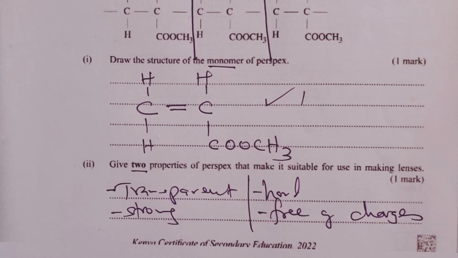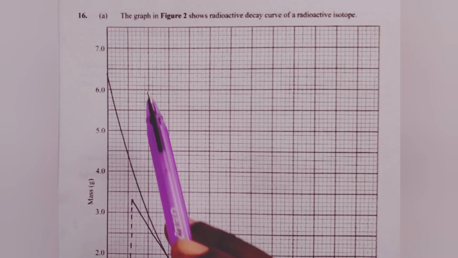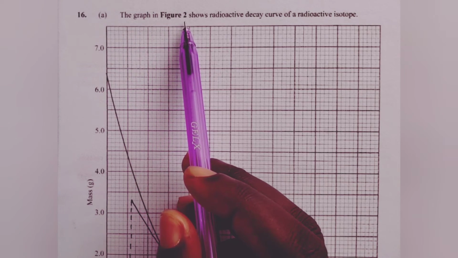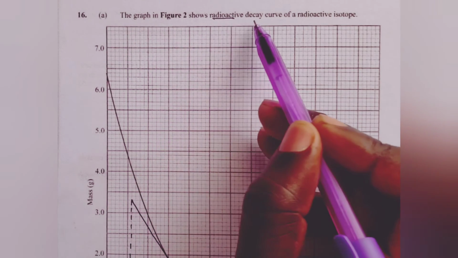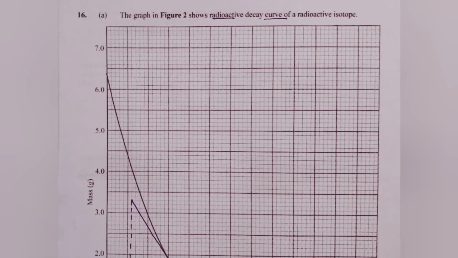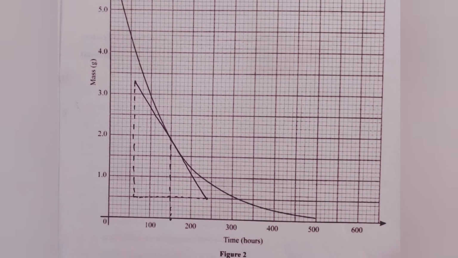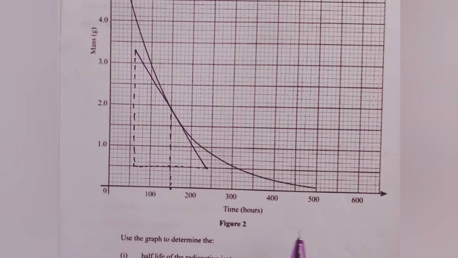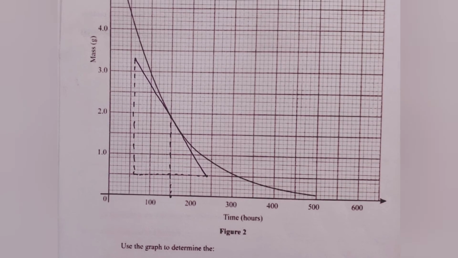And now to number 16, testing on radioactivity. Number 16, part A. The graph in figure 2 shows radioactive decay curve of a radioactive isotope. So we have mass on the x-axis as indicated there, and time in hours on the y-axis.